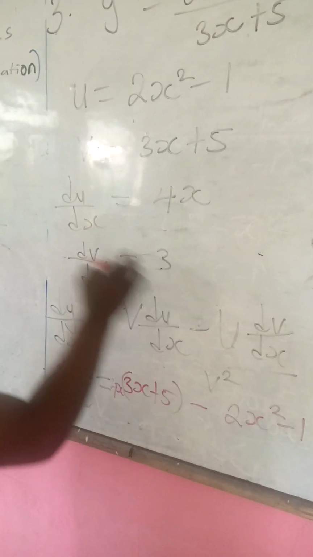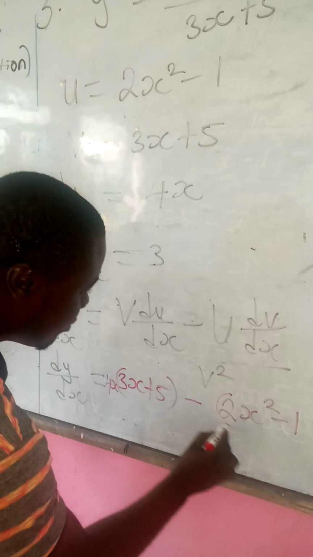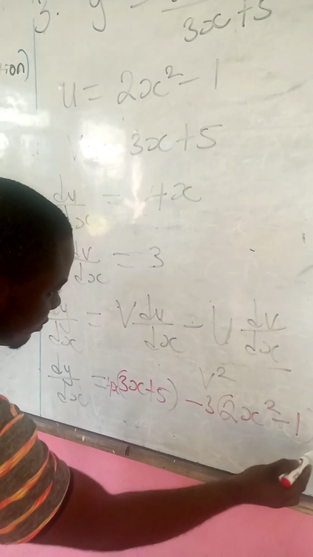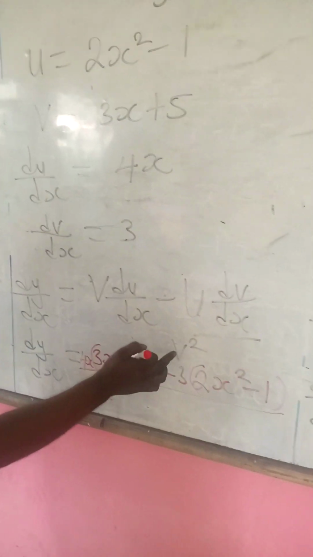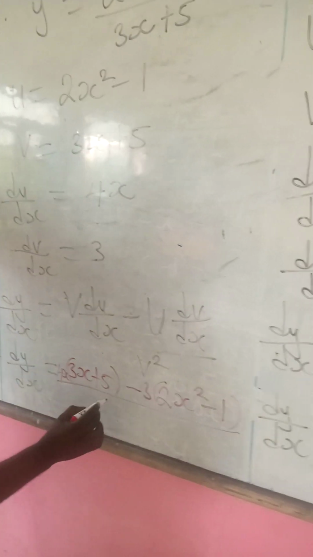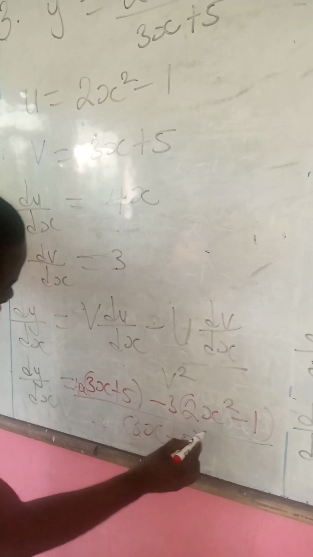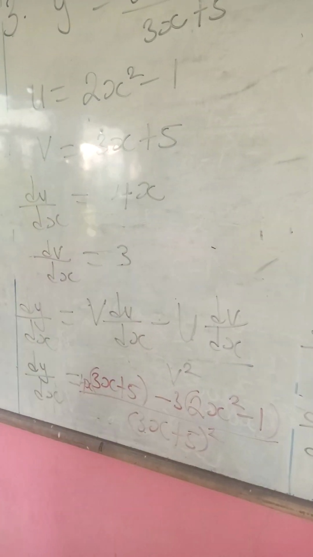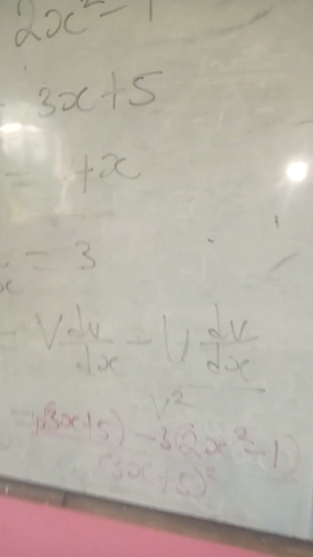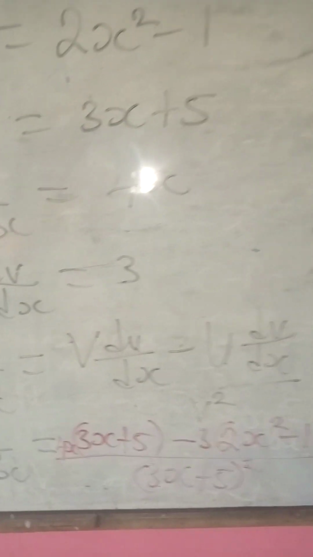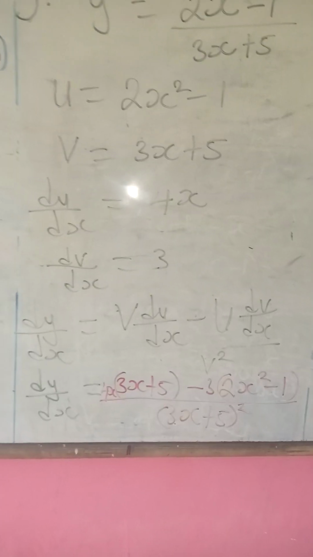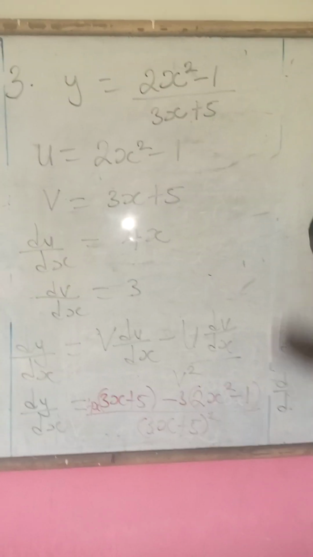Then my dv dx, dv dx is 3. I'll close this bracket and I'll write 3. All divided. What is our v? v is 3x plus 5, then square. Everybody can see. We just finished applying the formula there.